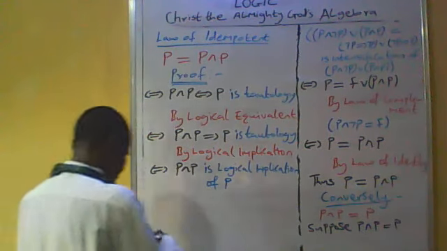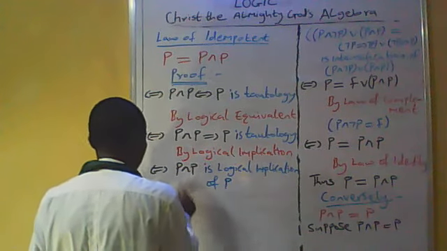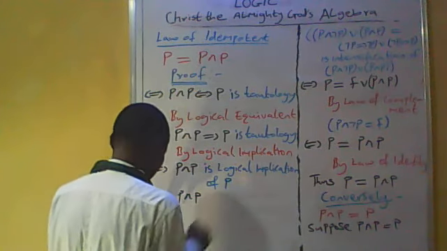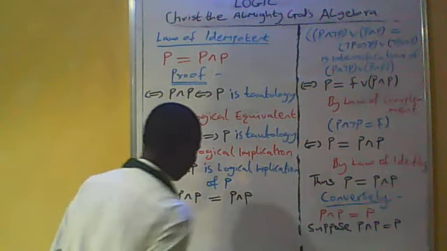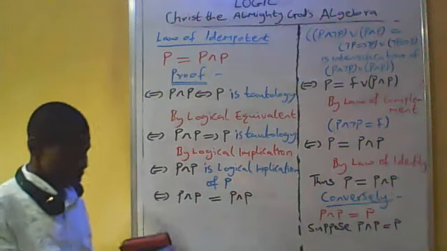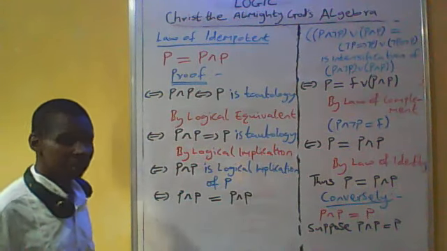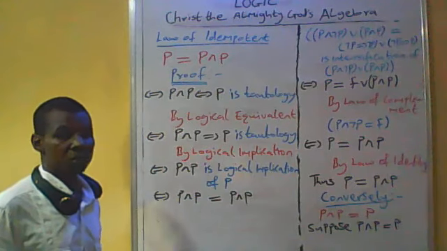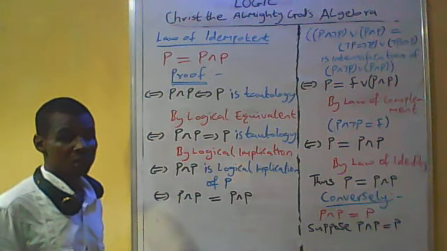So if and only if P and P is equal to P and P. That means the logical implication is logically equivalent. That means logical implication is equal to itself.